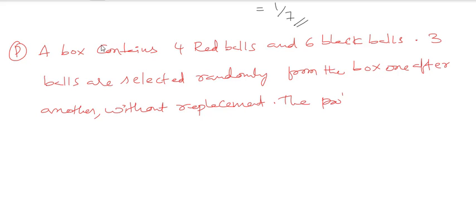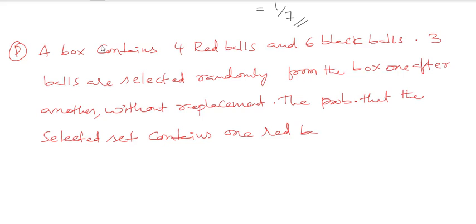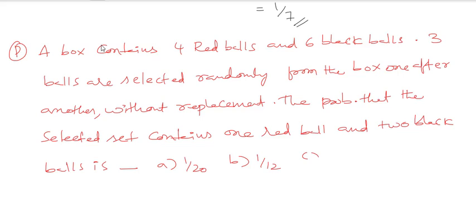The probability that the selected set contains one red ball and two black balls is: A) 1 by 20, B) 1 by 12, C) 3 by 10, D) 1 by 12.